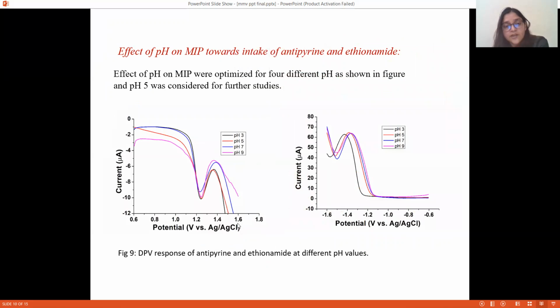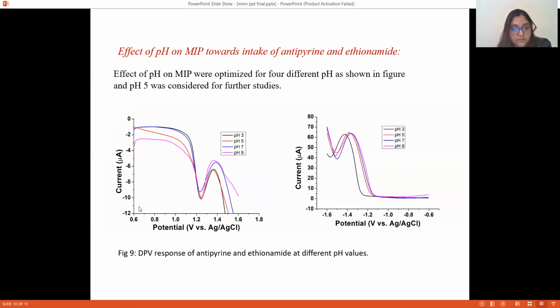After the characterization of MIP formation, several electrochemical studies were performed on the sensor, and one of them is the pH study, the effect of pH on MIP towards uptake of antipyrine and ethenamide. The effect of pH on MIP was optimized for 4 different pH values, and pH 5 was considered best for further studies.